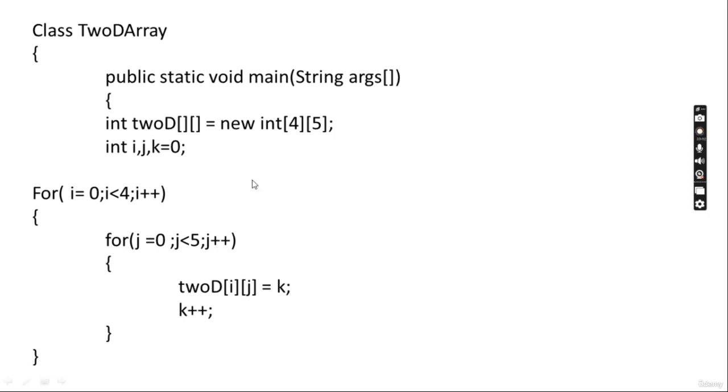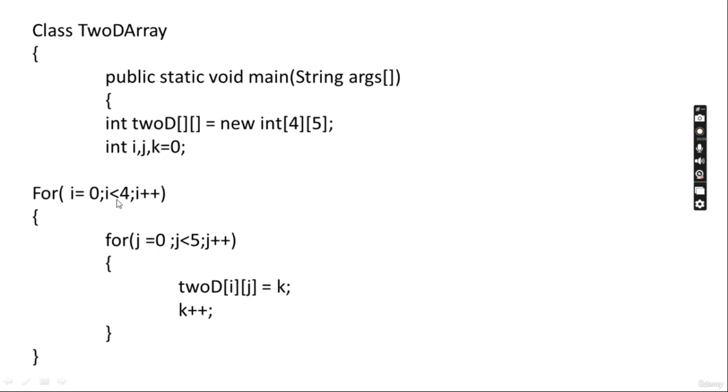Here is an example. 2D array, integer 2D is equal to new int 4 and 5, integer i, j, k is equal to 0. Then 2D i j is equal to k, k plus plus. So here only declaration, 3 variables are for iteration. Here k's initial value is 0.